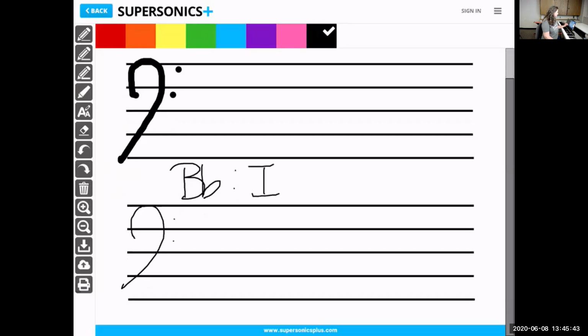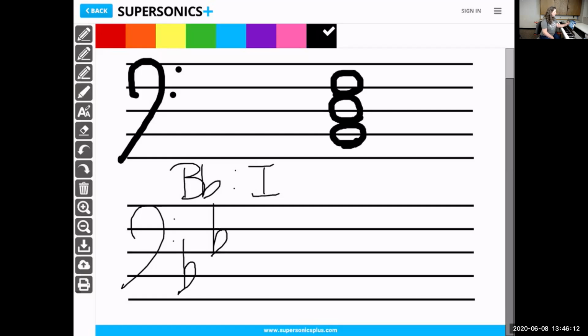My key signature for B flat is B flat and E flat, right? So when I draw my 1 chord, again, remember you're in the bass clef, not the treble clef. Be careful with that. I'm drawing my B flat. I'm making a snowman.